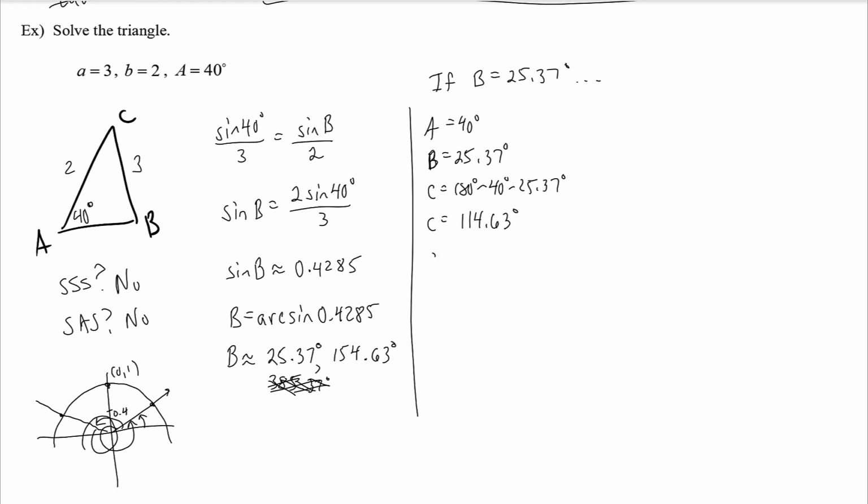I know that side A is 3. I know that side B is 2. And side C, I can get that real quick, right? We're using the law of sines, so here we go. We know the law of sines applies, so might as well use it, I guess.